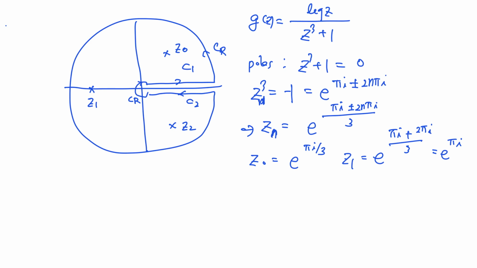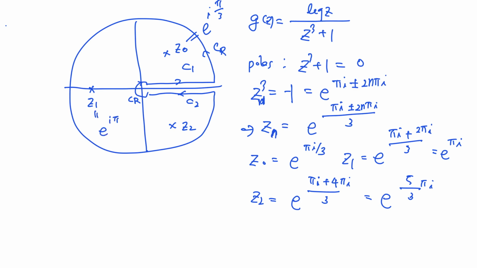So this is z1. z2 is exponential i pi over 3 plus 4 pi i over 3, which is exponential i 5 pi over 3. So we have three locations: z0 is exponential i pi over 3, z1 is exponential i pi, z2 is exponential i 5 pi over 3.